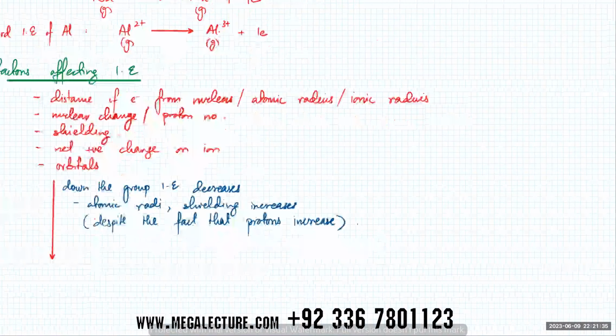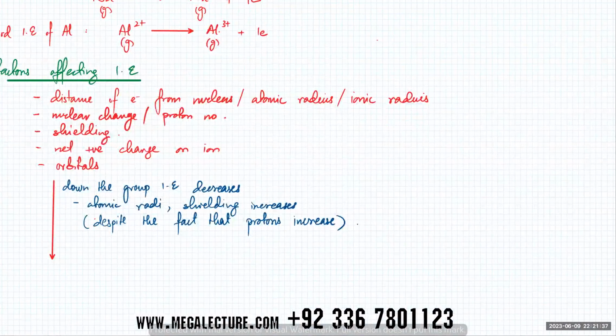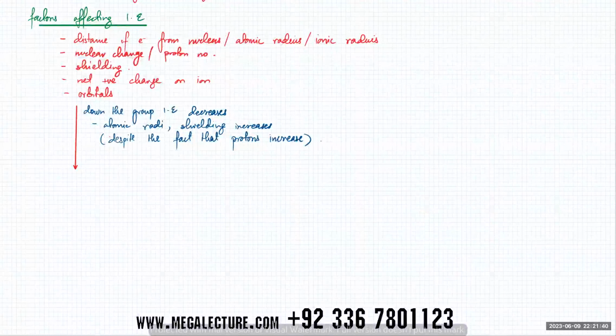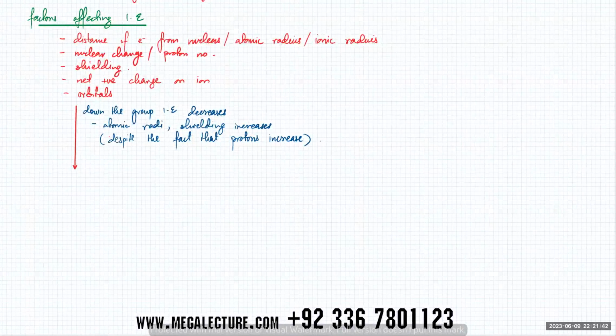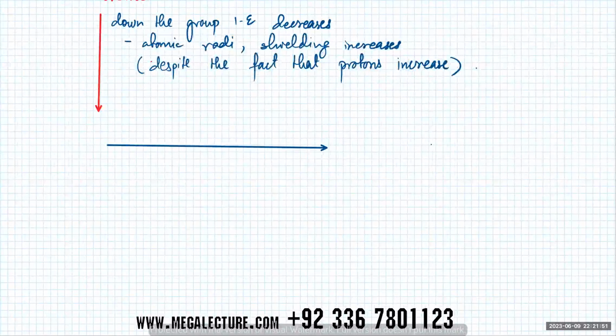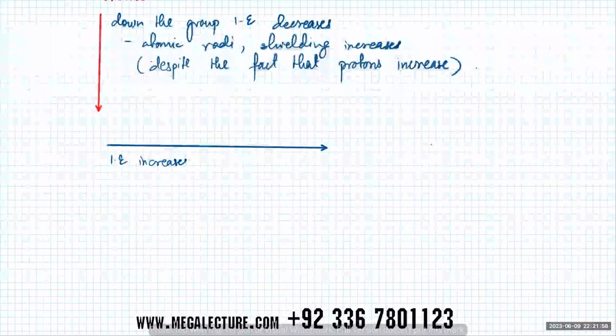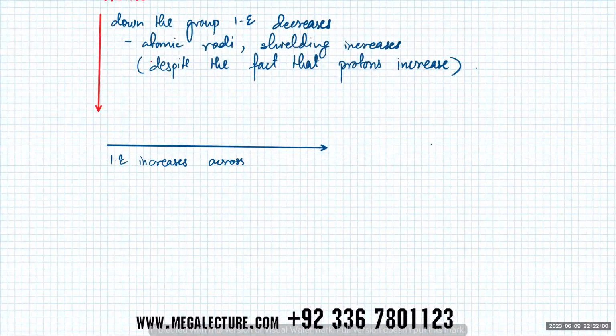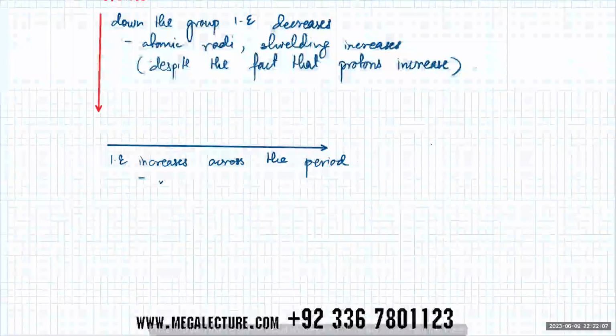And then across the period, ionization energy increases across the period as well. Why does that happen? Because you got more protons.